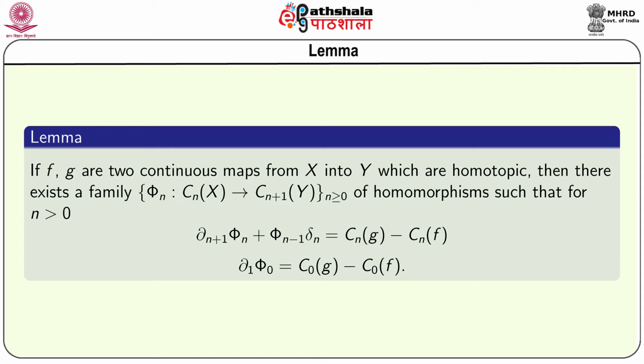This family consists of homomorphisms φn such that for each n greater than 0, ∂n+1 φn plus φn−1 ∂n is equal to Cn g minus Cn f. And if we take n equal to 0, then ∂1 φ0 will be equal to C0 g minus C0 f.